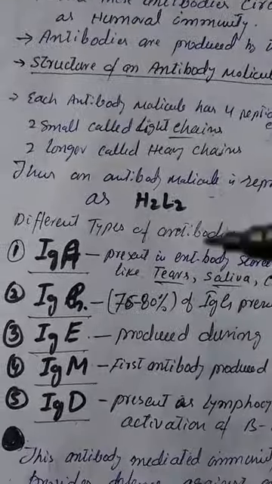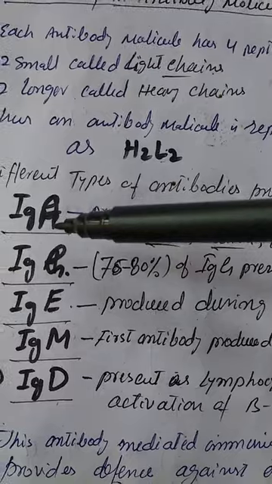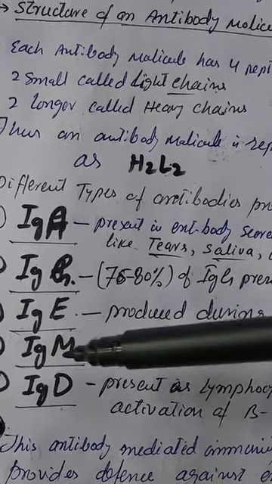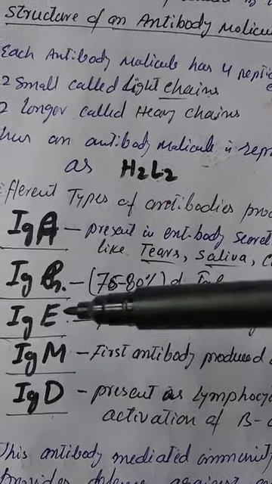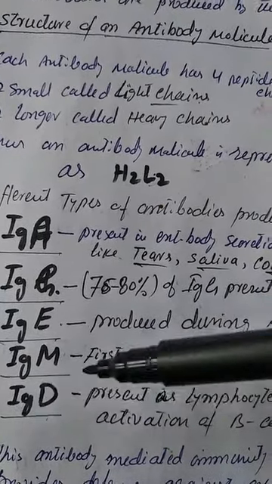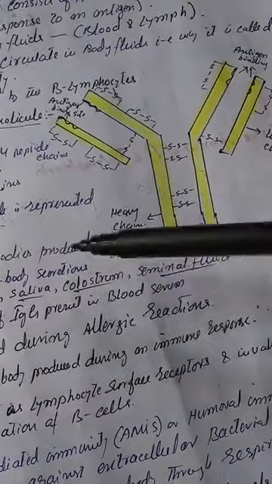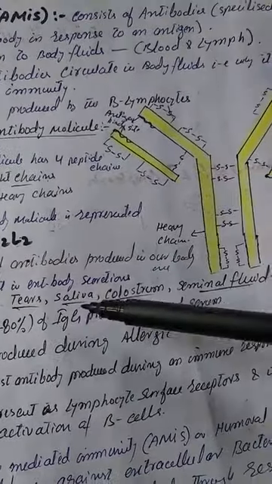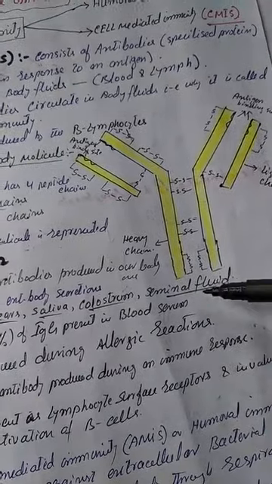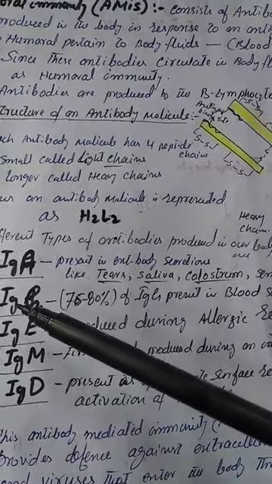These are IgA, IgG, IgE, IgM, and IgD, that is, immunoglobulin A, immunoglobulin G, immunoglobulin E, immunoglobulin M, and immunoglobulin D. IgA, or immunoglobulin A, is present in external body secretions like tears, saliva, colostrum, and seminal fluid. Then the second immunoglobulin is IgG.